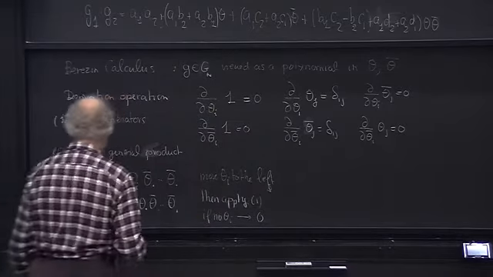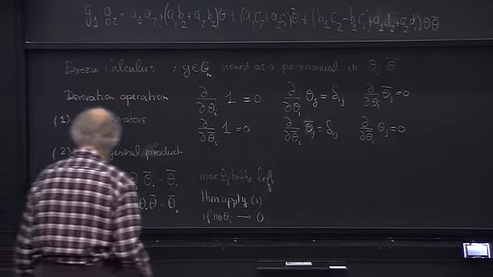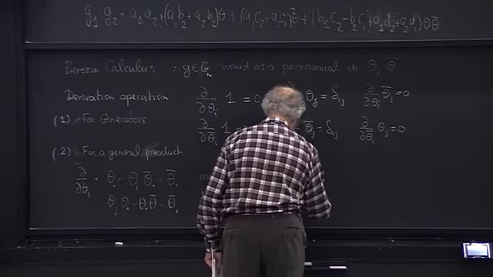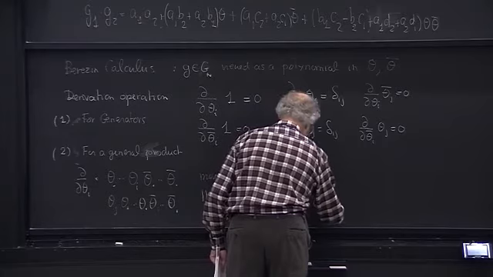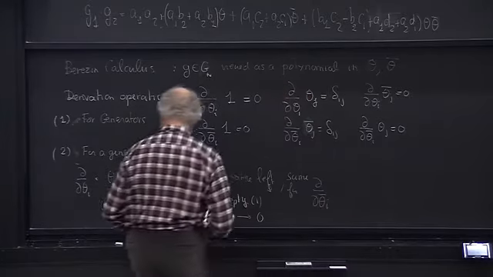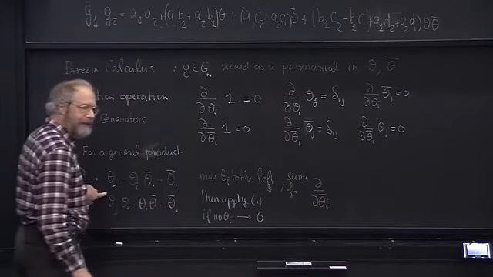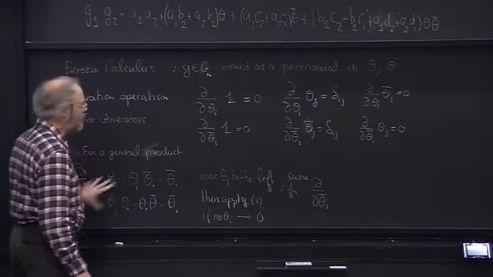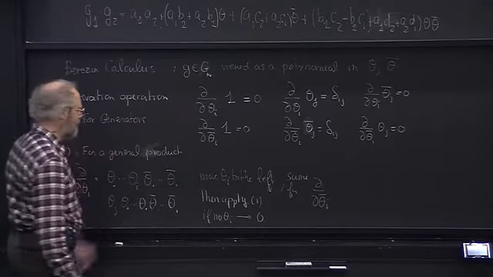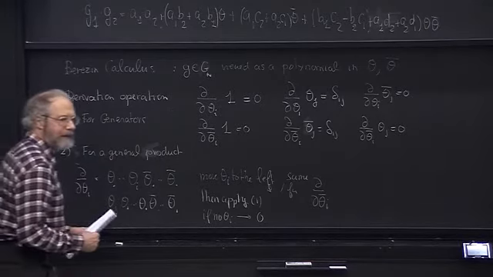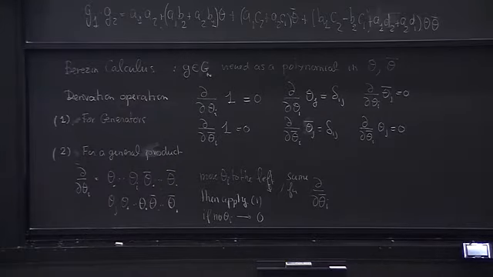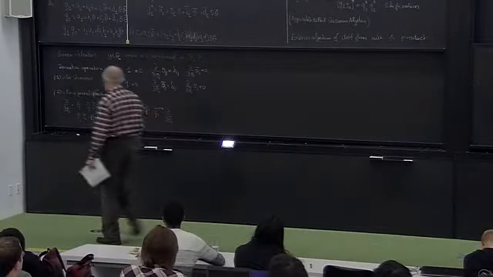Okay? And the same for d over d theta bar i. If you have a theta bar i, you move it to the left, in front of the thetas and theta bars, and you apply the rule. Yes? When you say apply the rule, the derivative is derivating the whole object? The rules are just for one object.